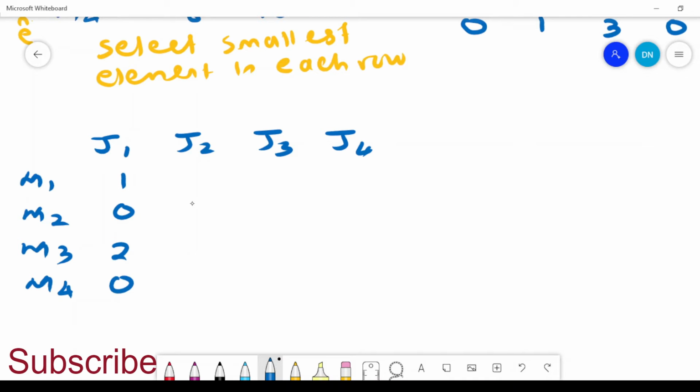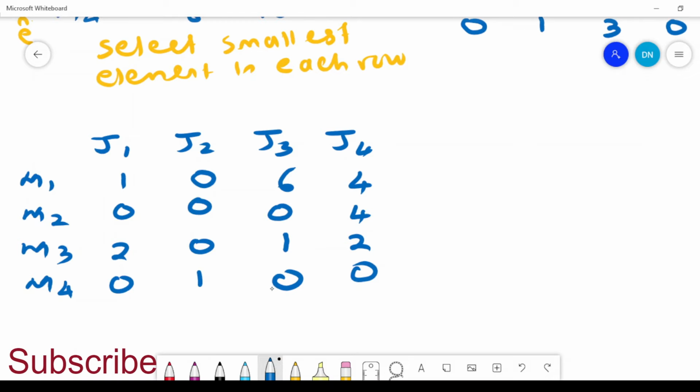For this one, the smallest was 0, so it remains as 0. For the third one, the smallest is 3, so it is 6, 0, 1, and 0. And the fourth one, the smallest was 0, so it remains as it is. This is what we call the reduced matrix after doing the row and column operations.